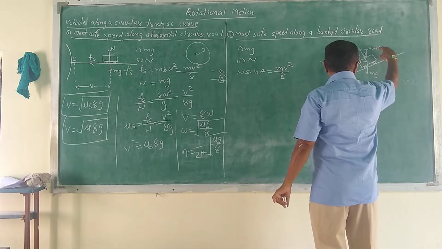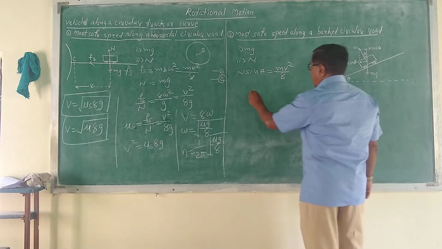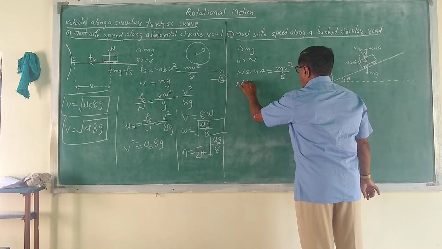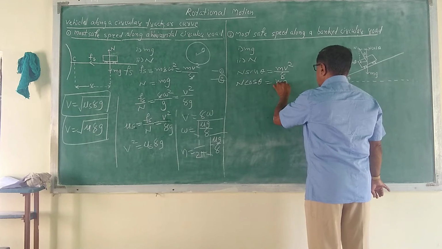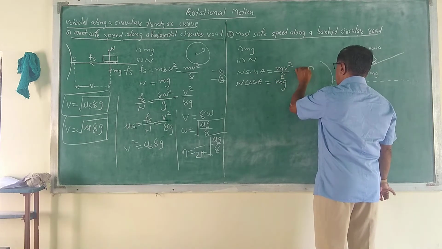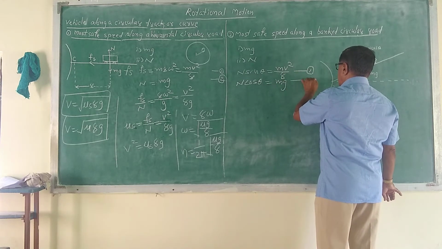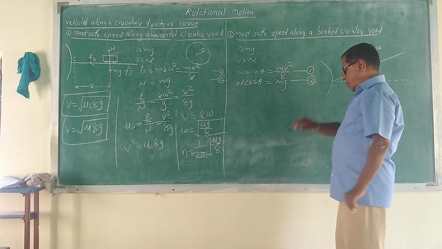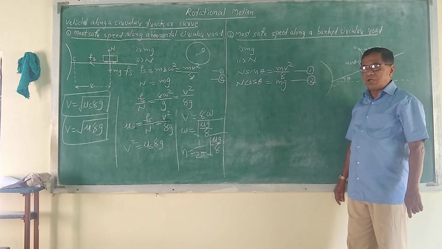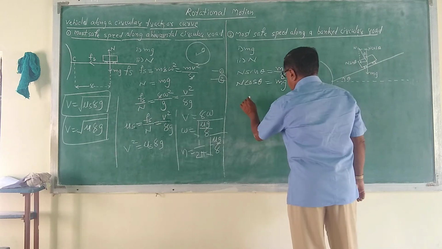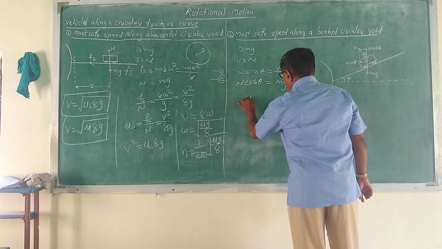So N cos theta is equal to mg, this is equation number 1, and N sin theta is equal to mv square upon r, this is equation number 2. Now dividing 2 by 1, on the left hand side we get tan theta.